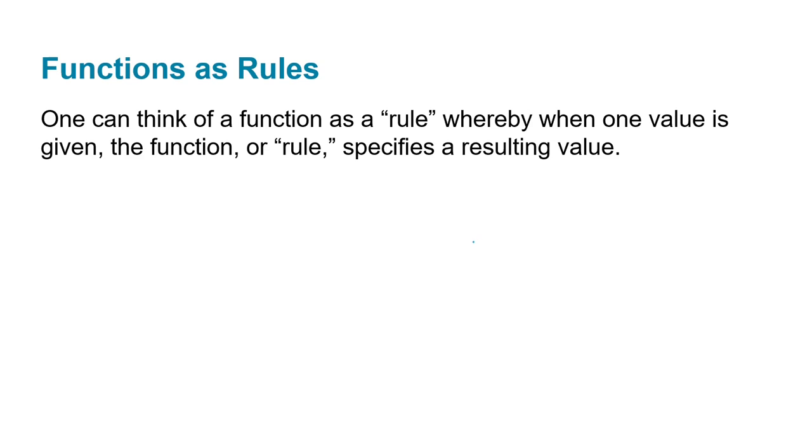One can think of a function as a rule whereby when one value is given, the function or rule specifies a resulting value. A function is like a machine. You put something into the machine, known as the input, and the machine does some calculations and gives you an output.